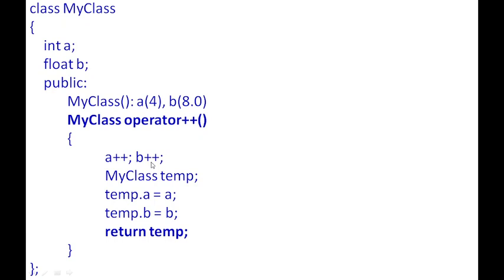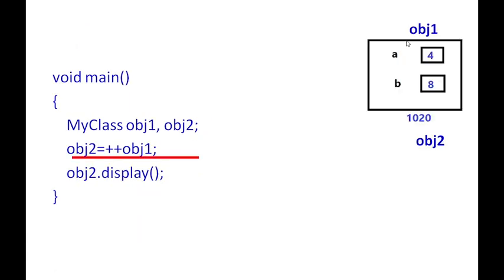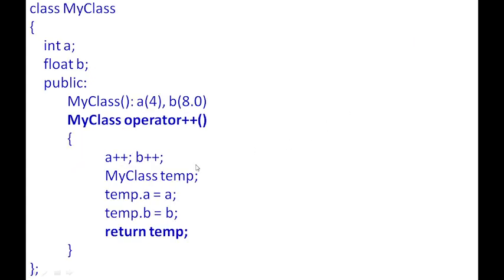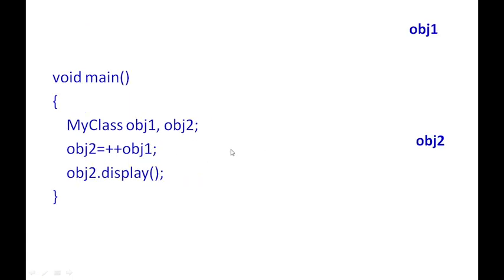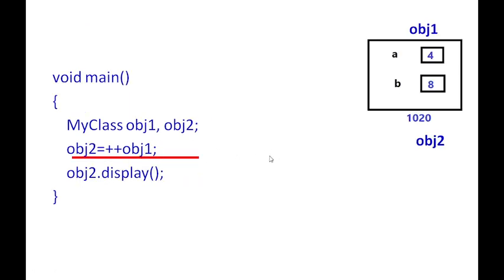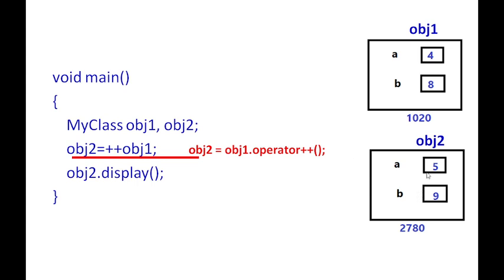A plus plus and B plus plus is nothing but obj1.a plus plus and obj1.b plus plus, because here the invoking object is obj, so by default this will refer to the invoking object, and after that it returns the temporary object, and that temporary object is what is being assigned to obj2, and so obj2 will have the incremented values.